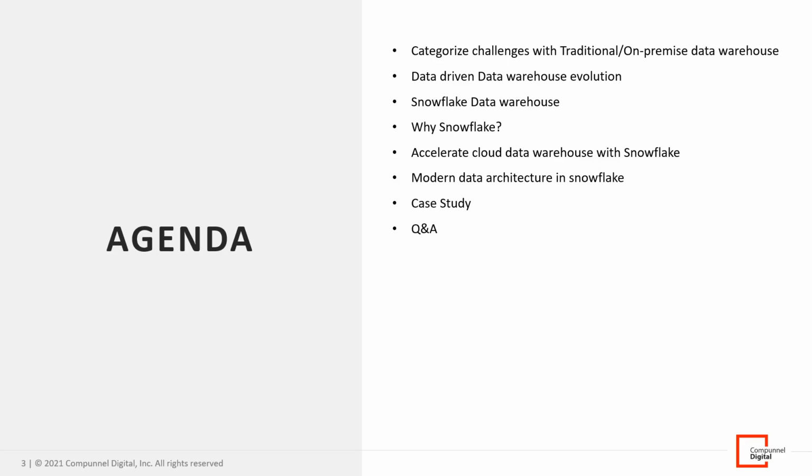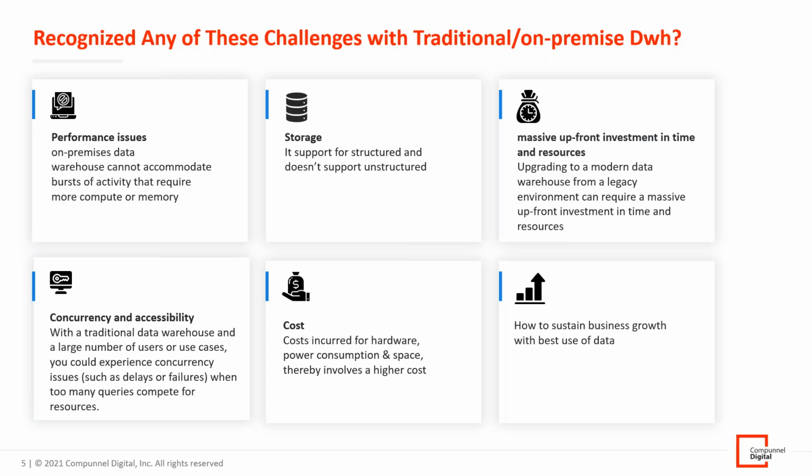So as I mentioned, these are the categorized challenges with traditional and on-premise databases. I'm going to share my screen here. Probably in your organization, you might have seen all or a few of these challenges when you're dealing with the traditional or on-premise data warehouse. For example, performance issues. This is the most common challenge with these systems.